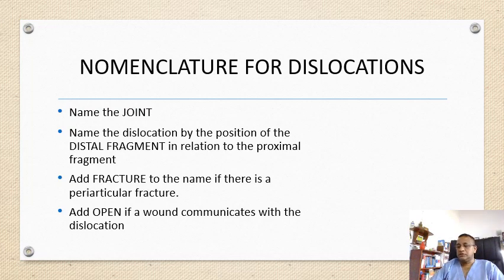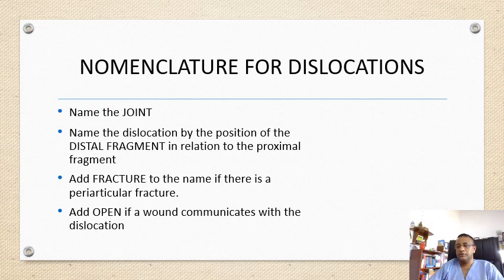Now, once you get a joint dislocation, you have to give it a name. So the first thing you give is the name of the joint, either shoulder, elbow, knee, whatever it is. Now you have to see whether this is anterior or posterior, the direction of displacement.